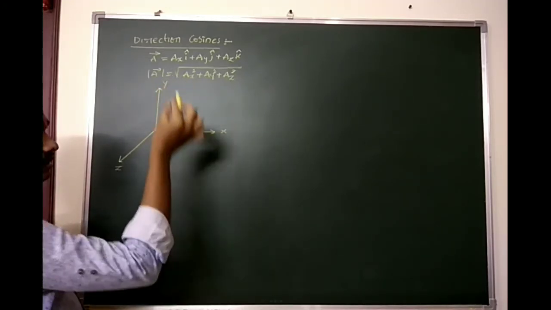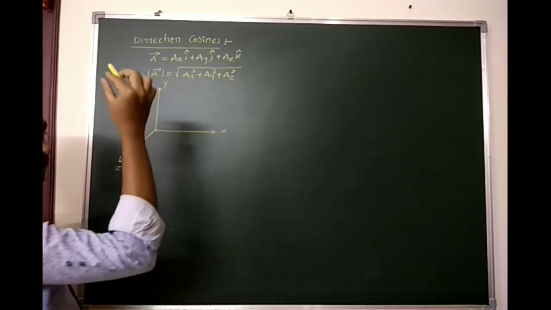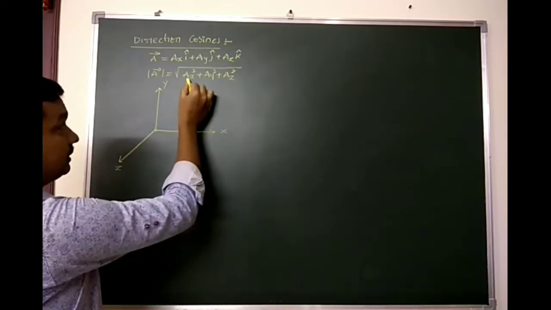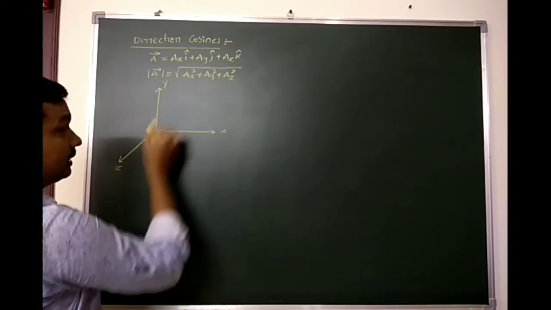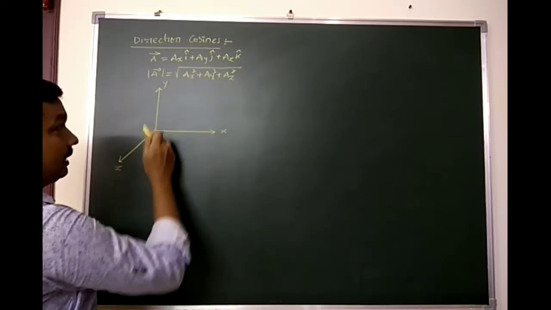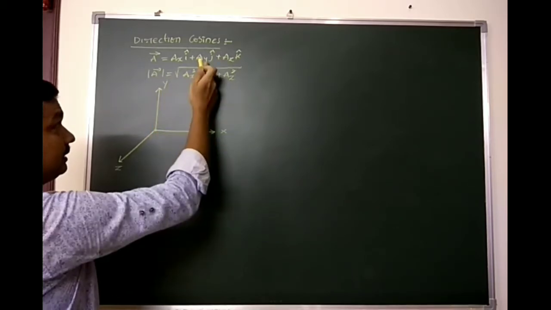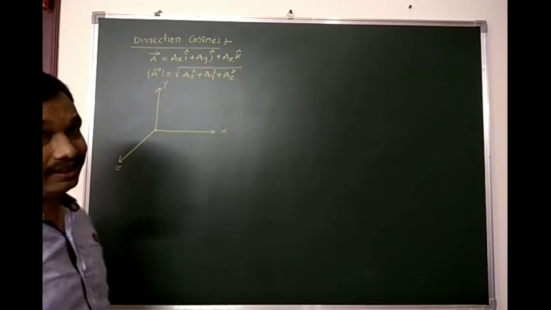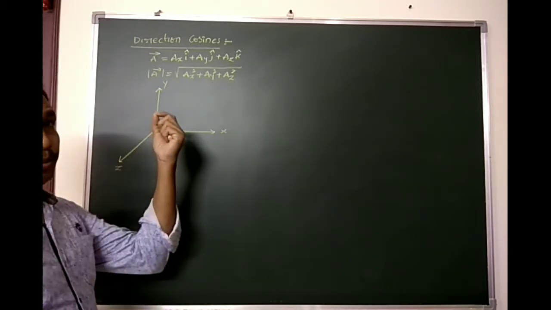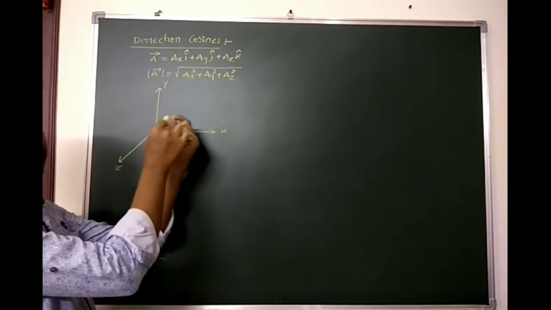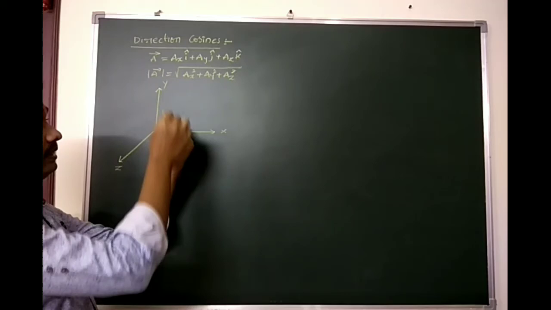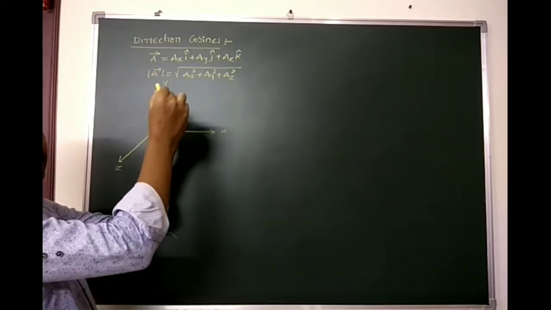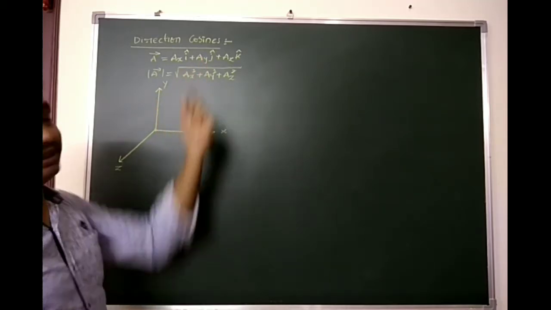What is the distance from the x-axis? What is the distance from the y-axis? What is the distance from the z-axis? Along the direction of the x-axis it is Ax, along the direction of the y-axis it is Ay, along the direction of the z-axis it is Az.